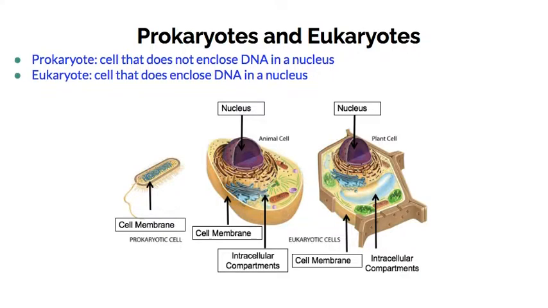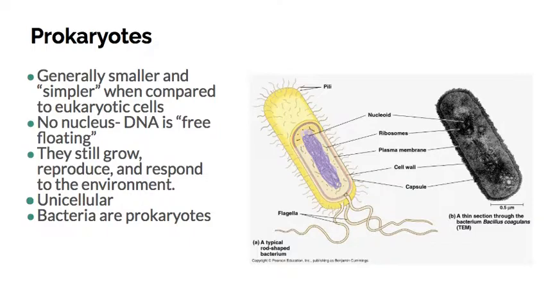But now more specifics on these two types of cells. So prokaryotes are generally smaller and we call them simpler when compared to eukaryotic cells. Prokaryotes do not have a nucleus, so their DNA is free floating. They still grow, reproduce, and respond to their environment. Prokaryotes are unicellular, and bacteria are prokaryotes.